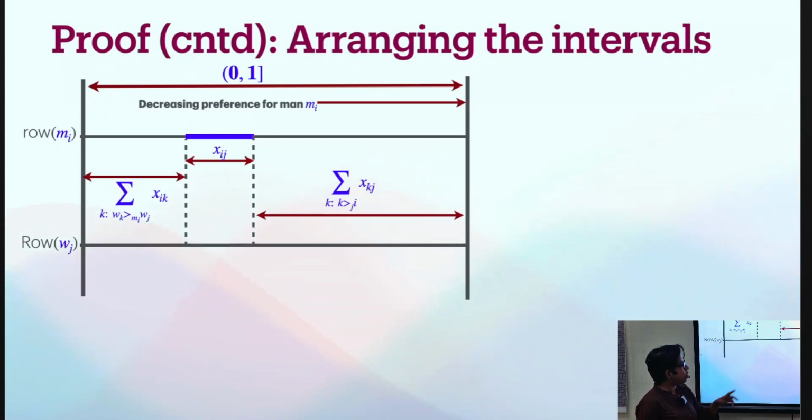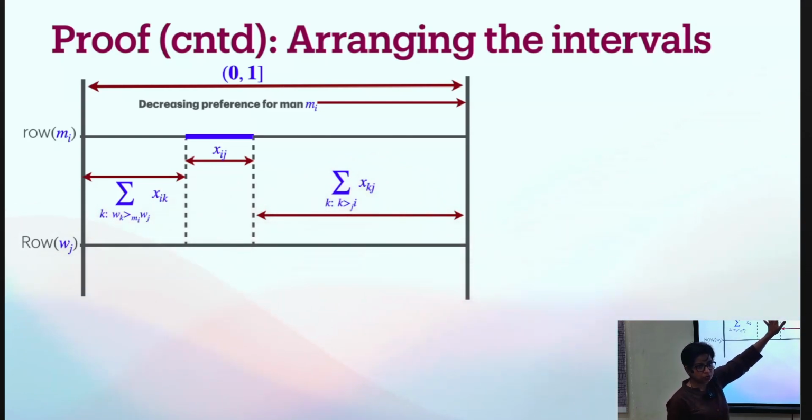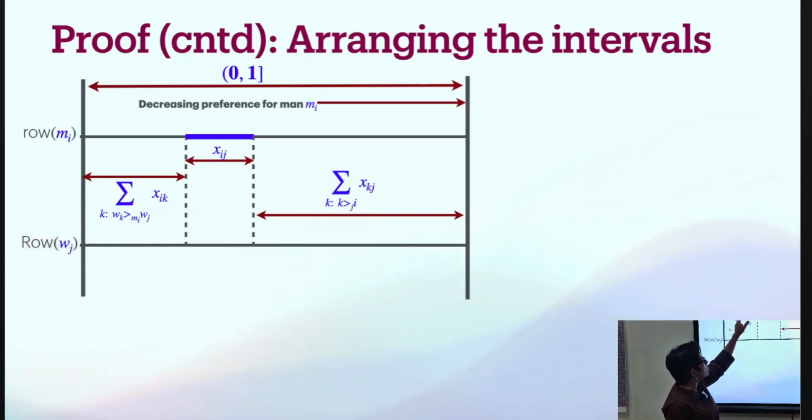Okay? Now, notice something. If this is an interval xij which is non-zero, the way I have arranged them, it means that all those to the left of this interval are talking about the fractional assignment of man i to women who are strictly more preferred than j, correct?